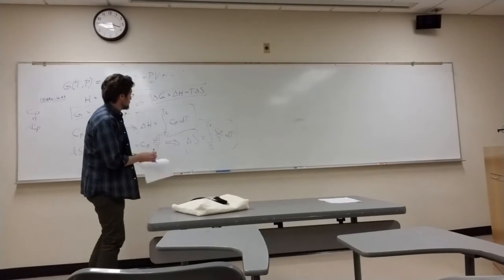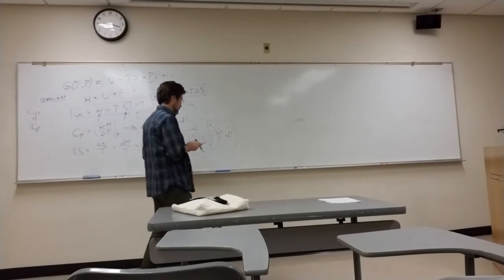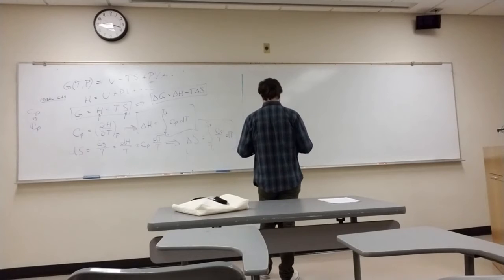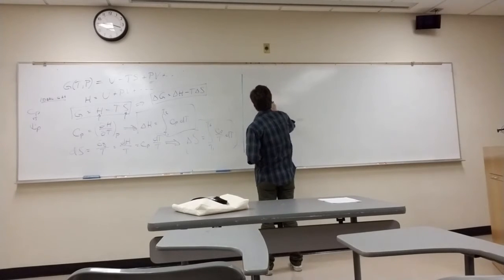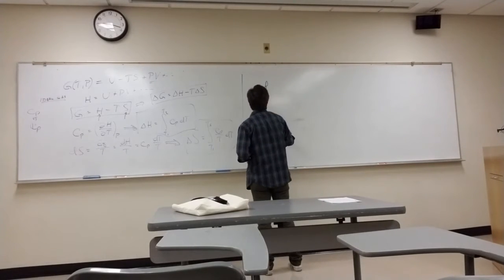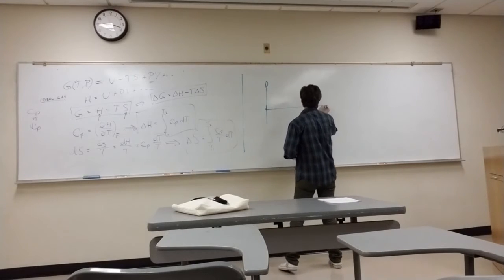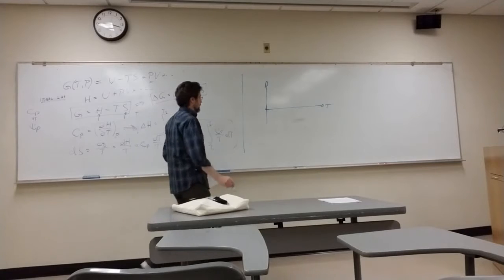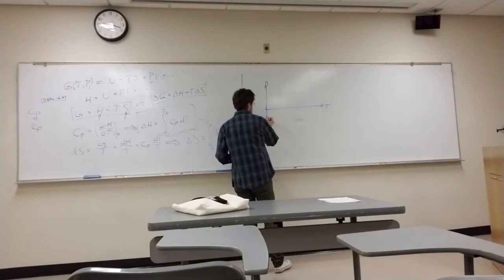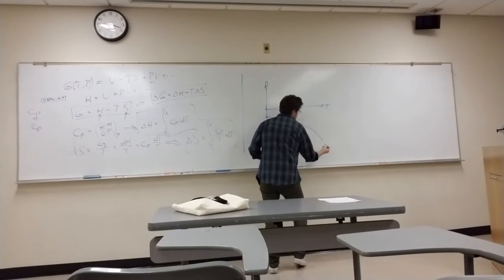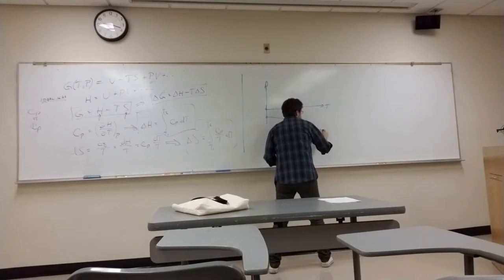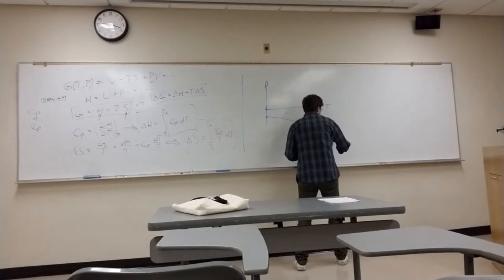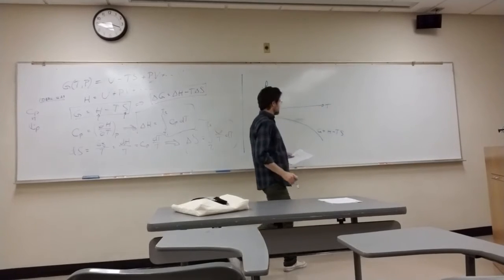Okay, so we can graphically look at this. Look for change in temperature. If we have this being the Gibbs energy is equal to H minus Ts.